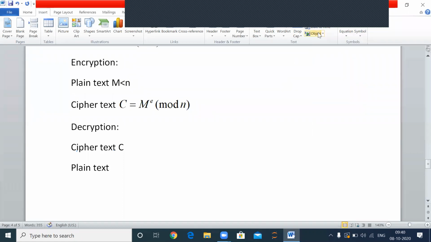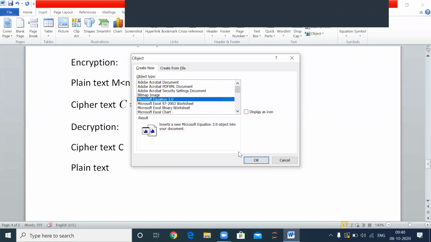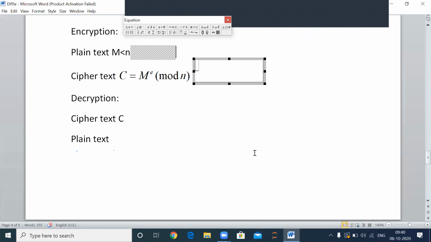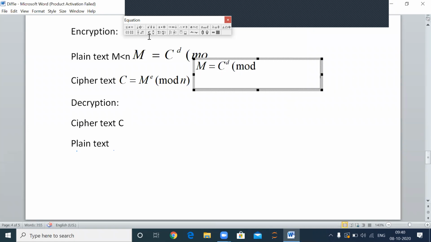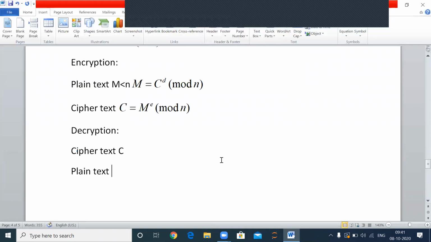It can be calculated using the formula, that is M is equal to ciphertext power D. Already we have calculated the D value. That D value mod N. This is the formula we are using.